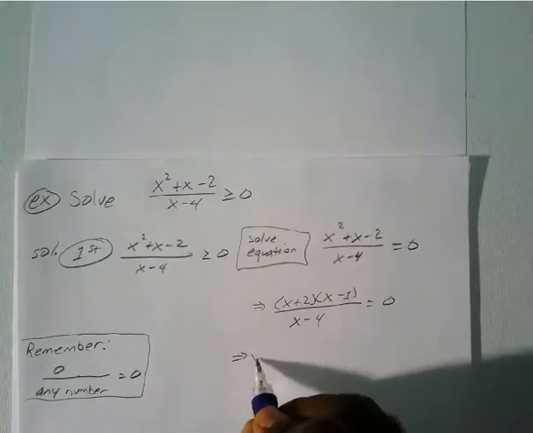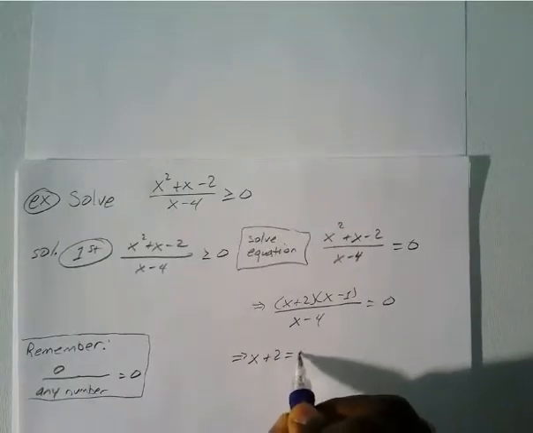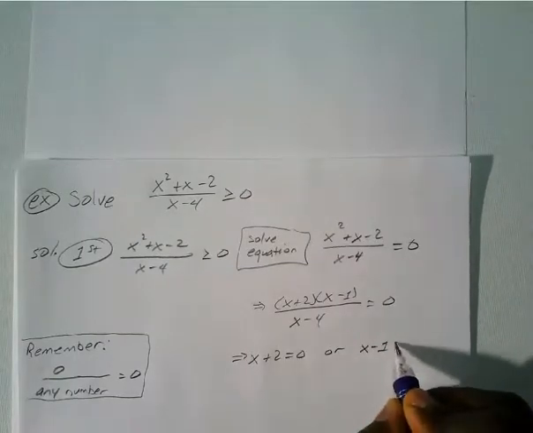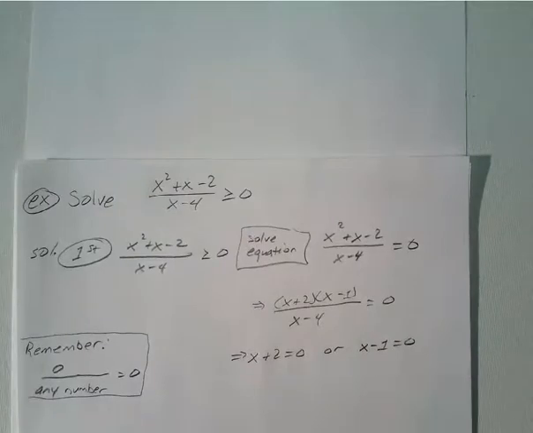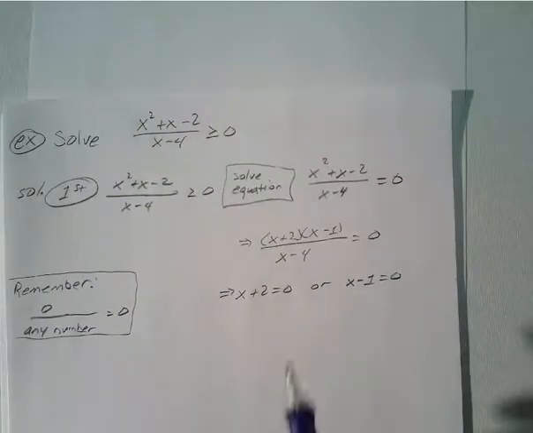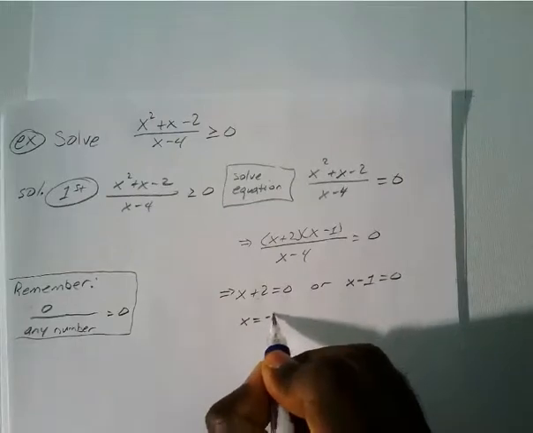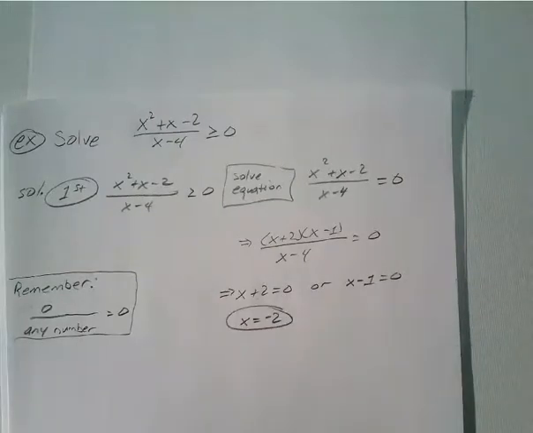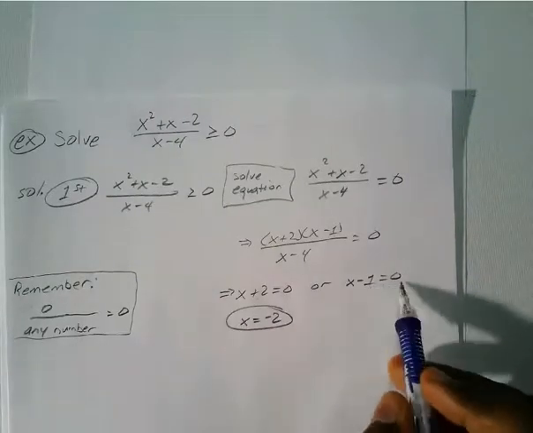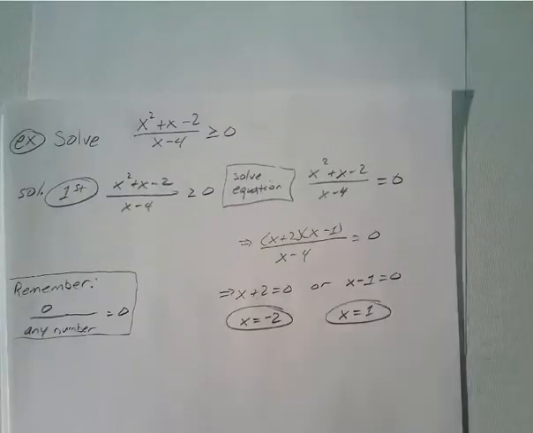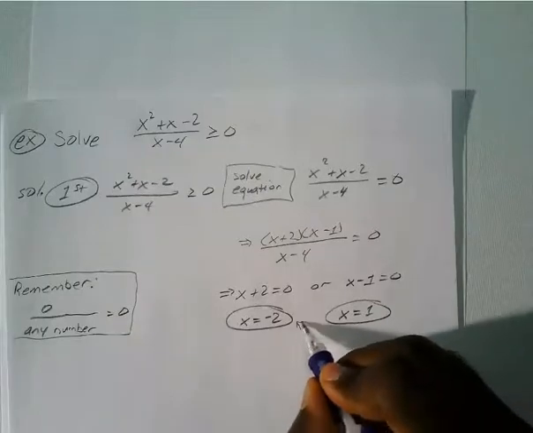So x plus 2 equals 0, or x minus 1 equals 0. If we subtract 2 from both sides here, we have x equals negative 2. And if we add 1 to both sides here, we have x equals 1. So we have our critical numbers.